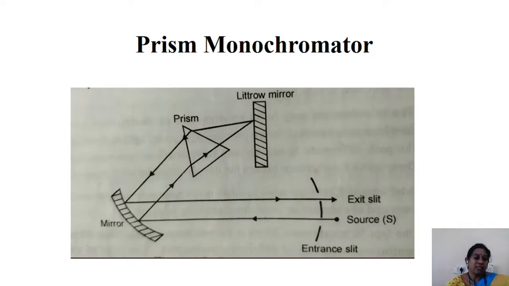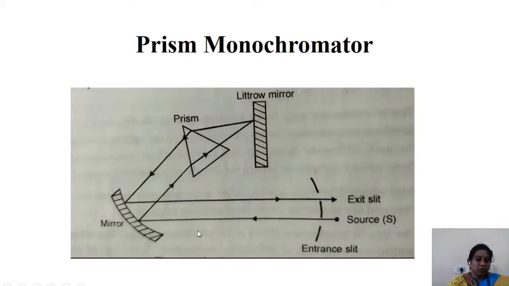Prism monochromators depend on the principle that the refractive index of materials is different for radiation of different wavelengths.